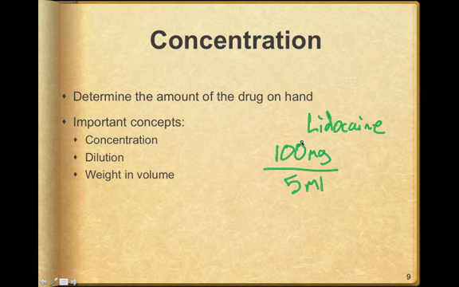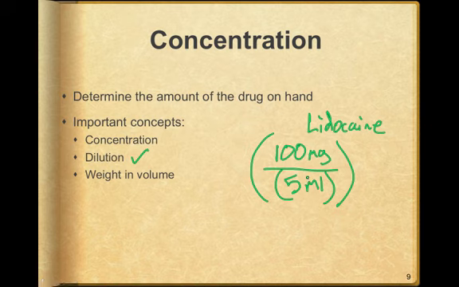What the concentration is, this right here, is the concentration strength of your medication. So in lidocaine, 100 milligrams will be diluted in 5 milliliters of fluid. So this is what we mean by concentration strength. And most of the time on these medications, whenever you're doing problems, you will need to find the concentration strength.